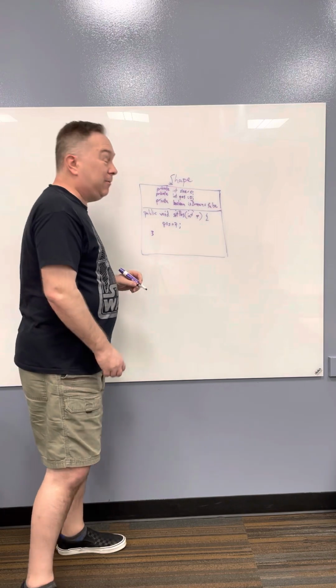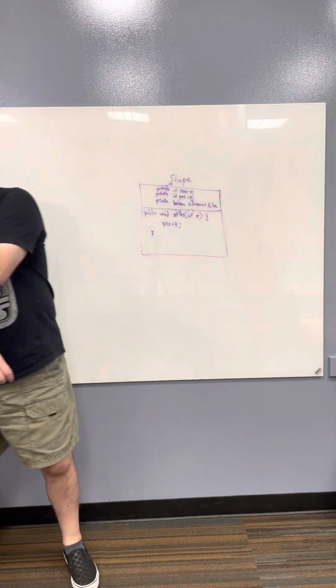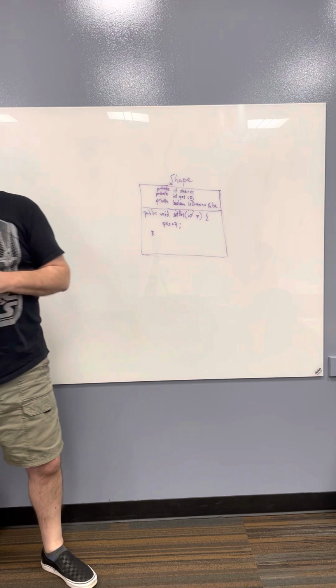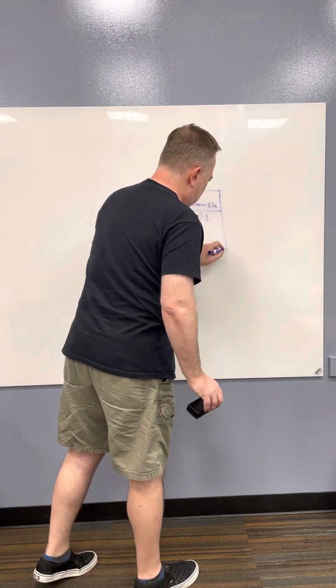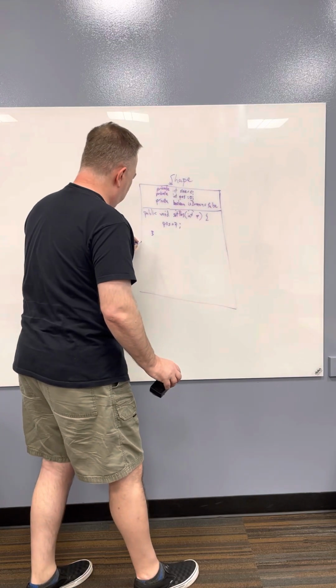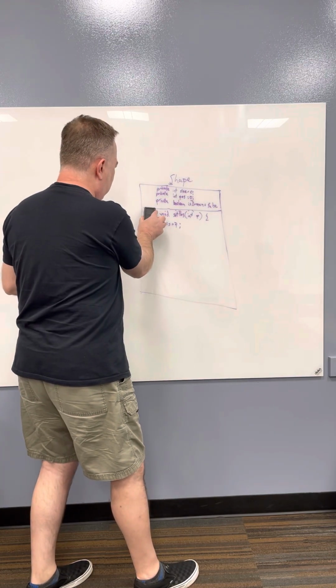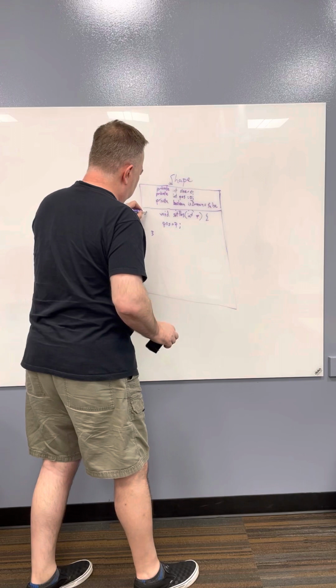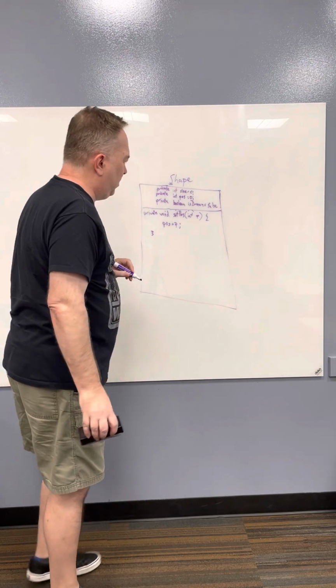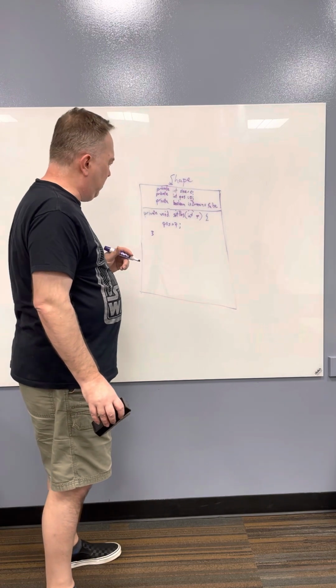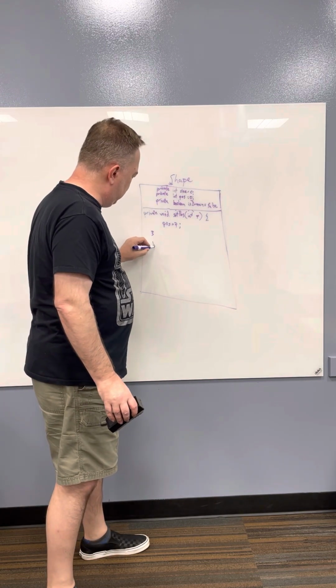Now, we can get fancier. Maybe, for whatever reason, we don't want this to be public. We want this to be private. And you're thinking, why would we want that? Maybe we want something like this.